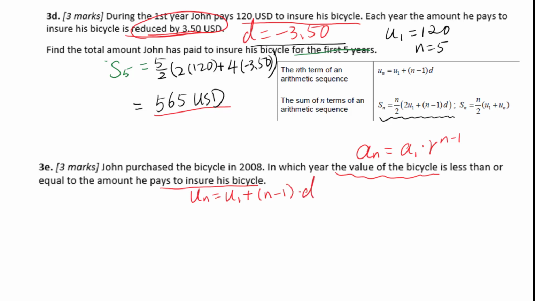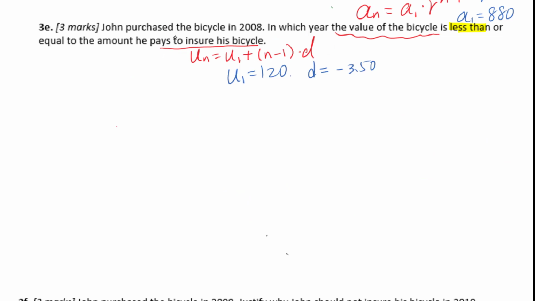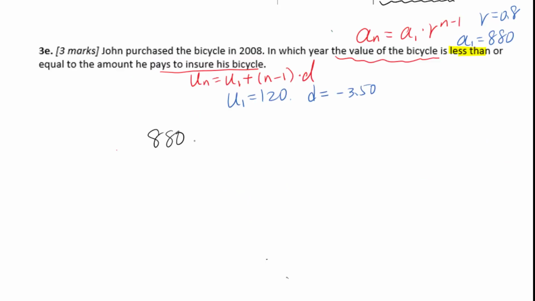We do know a sub 1 equals $880 and r equals 0.8. For this, u sub 1 equals $120 and d equals negative 3.50. We will set up the inequality like this: 880 times 0.8 to the n minus 1 power less than or equal to 120 plus n minus 1 times negative 3.50.